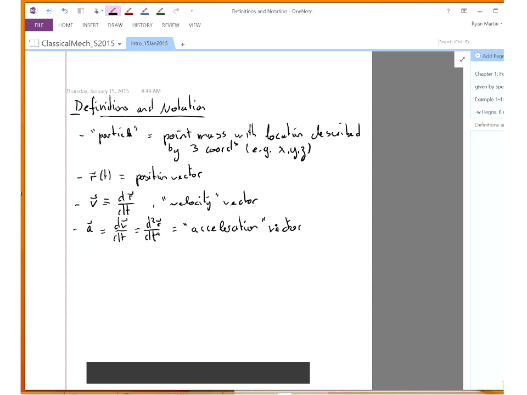So the idea is that if for a given particle we know its position and velocity vectors and the forces acting on it, we can describe how it will evolve in time.